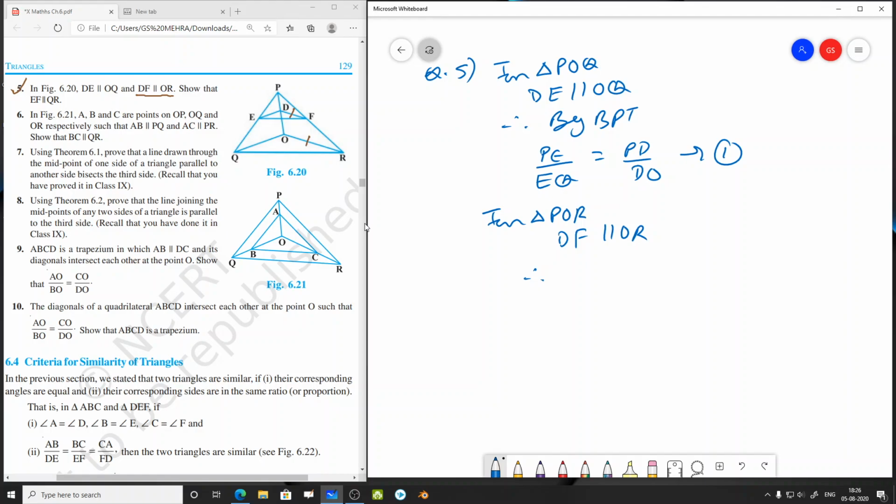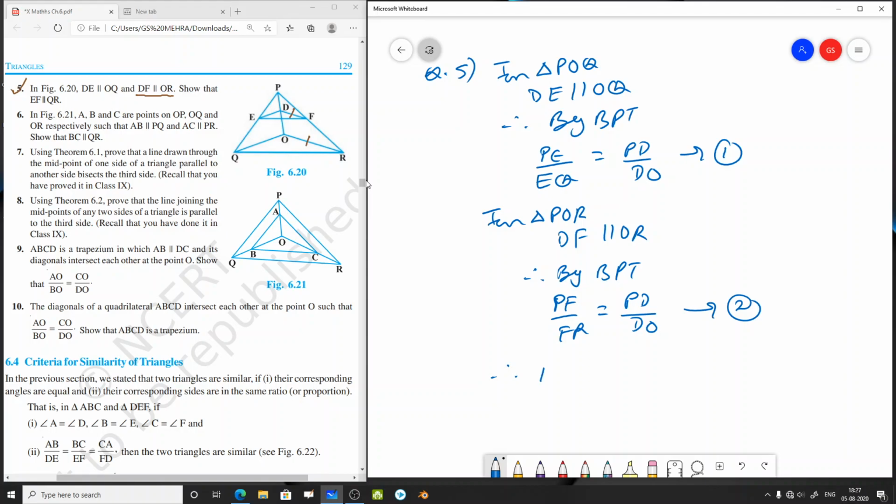Therefore, by BPT, let's take the ratio PF over FR equal to the corresponding part of PF, which is PD, over the corresponding part of FR in triangle POR, which is DO. So PD over DO. Let it be equation number 2.